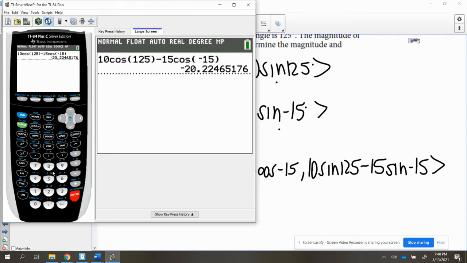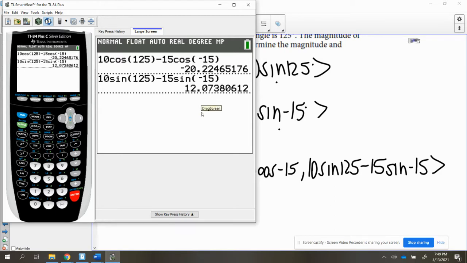And for our B component, it's the exact same thing. So I'm going to hit second enter to get just this pulled back up. The only thing that is changing here is that this is now going to be a sine, and this will also now be a sine. So our B component of our new resultant vector is 12.1.